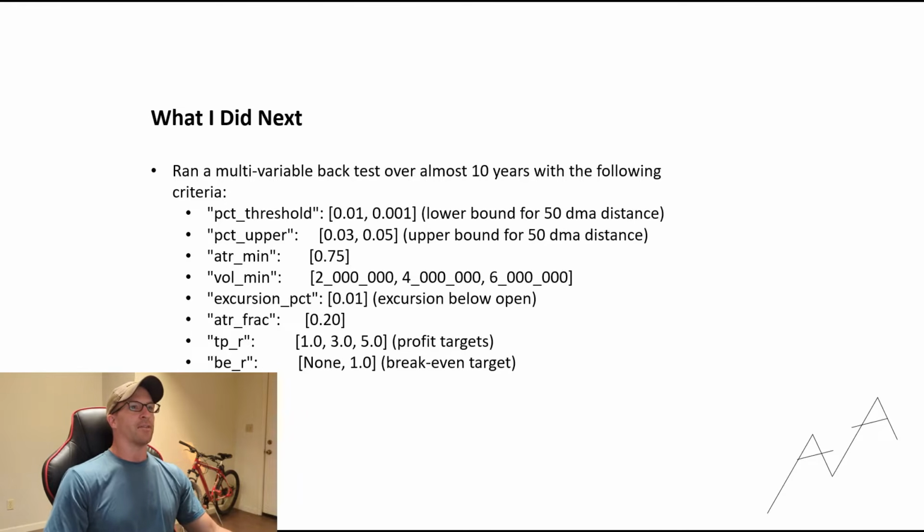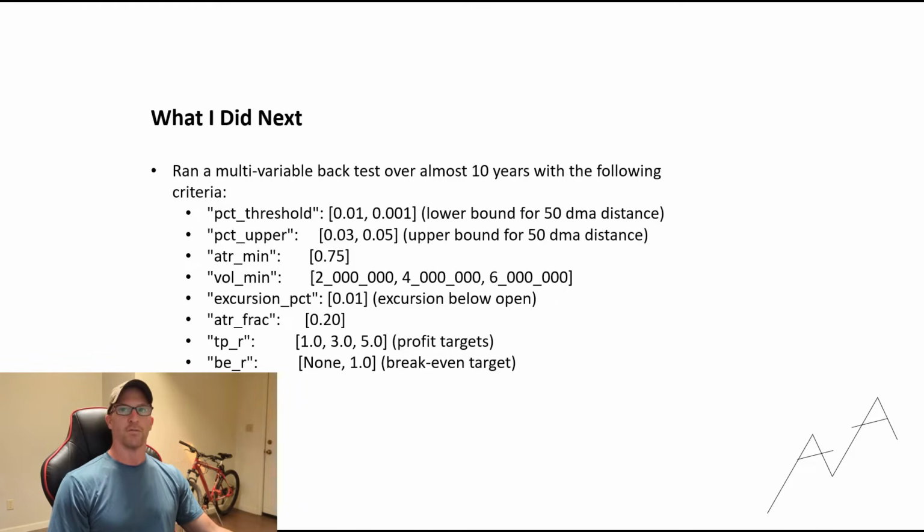So what I did next is I ran a multivariable backtest over almost 10 years with the following criteria. The PCT threshold and PCT upper, that's the percent difference from the 50 daily moving average. By the way, I only tested longs in this case, just to see if there was enough smoke here to think there might be fire.